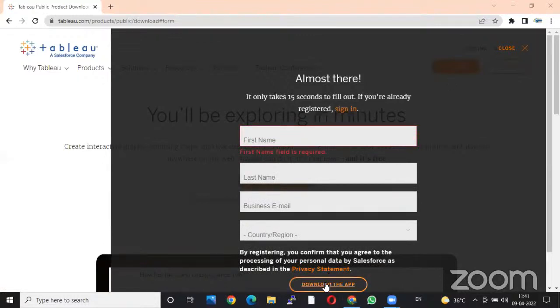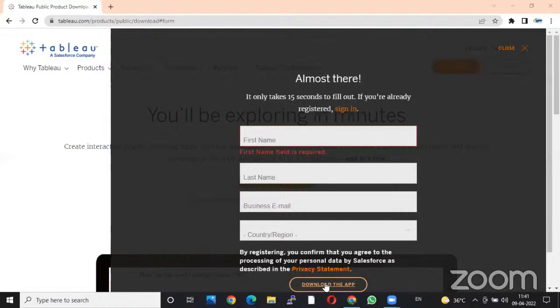The download will get started. So this is how you can easily download the Tableau Public platform, which is free to use. You can visualize your data, you can create bar charts, you can use trend lines, you can put formulas to your data. So all of this can be done here.